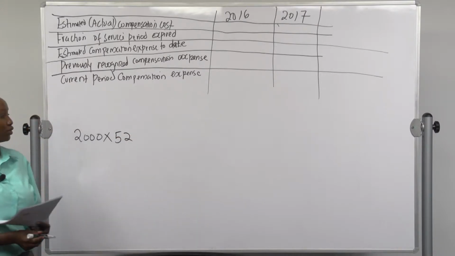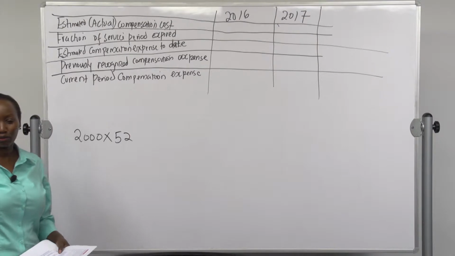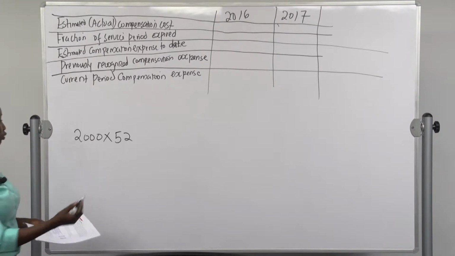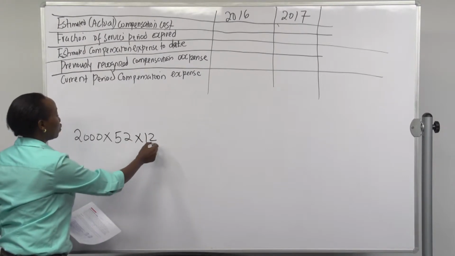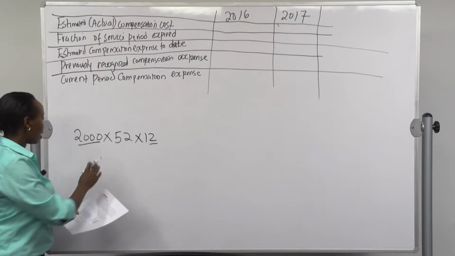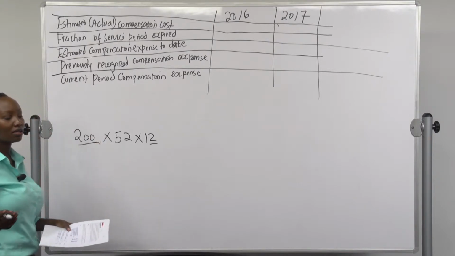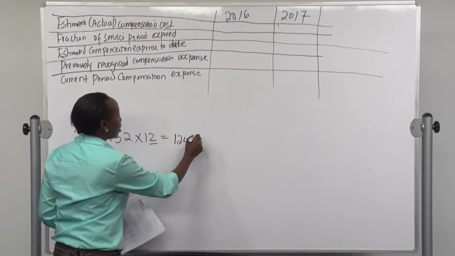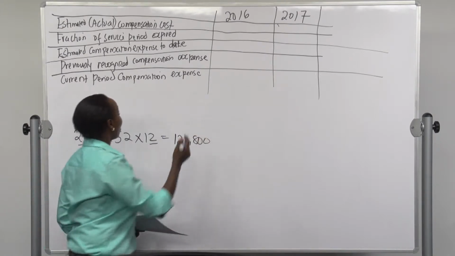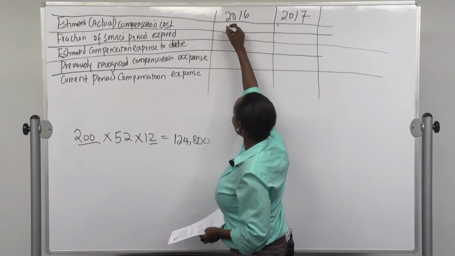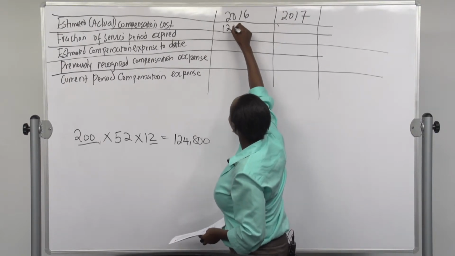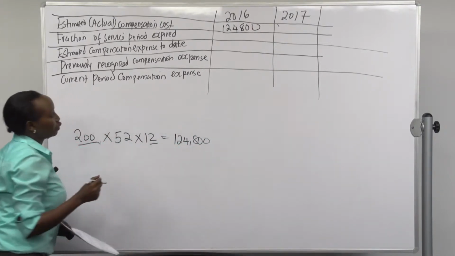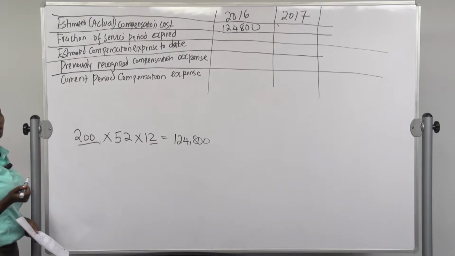We have a total of 15 employees, but the company estimates that 3 of them will leave, so 12 employees will remain. 12 employees, each getting 200 RSUs, at a fair value of $52 gives us $124,800. So our estimated compensation expense is $124,800.